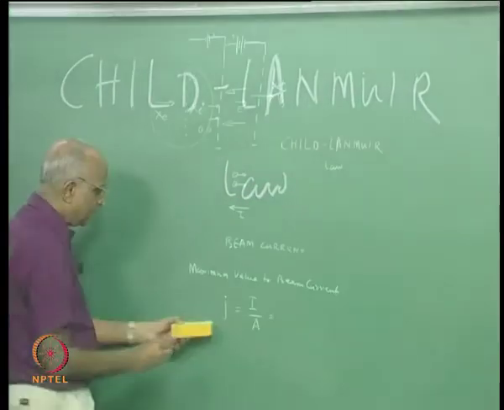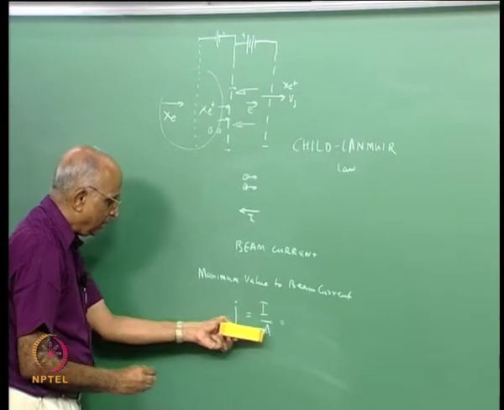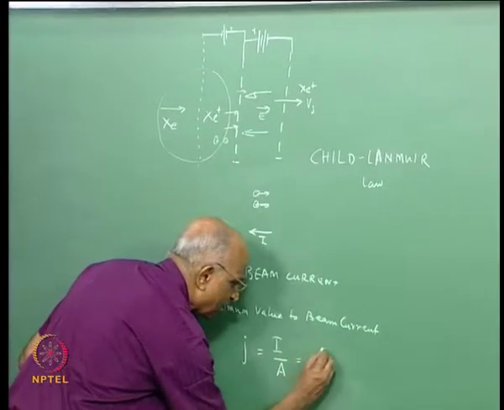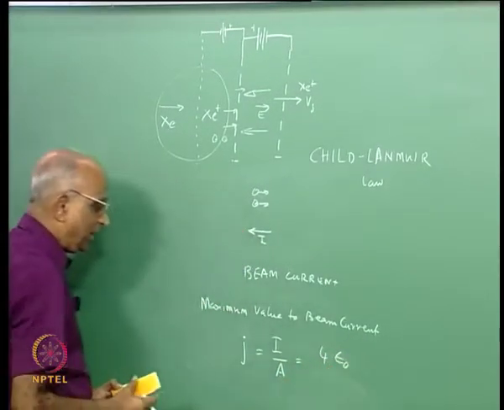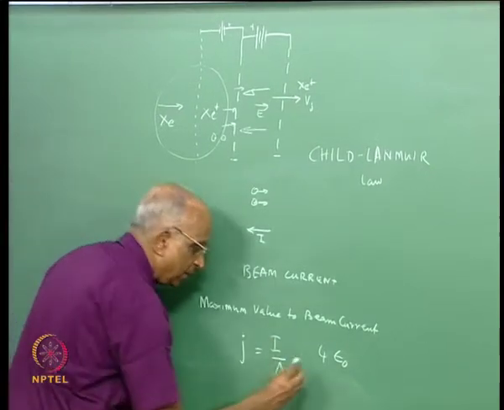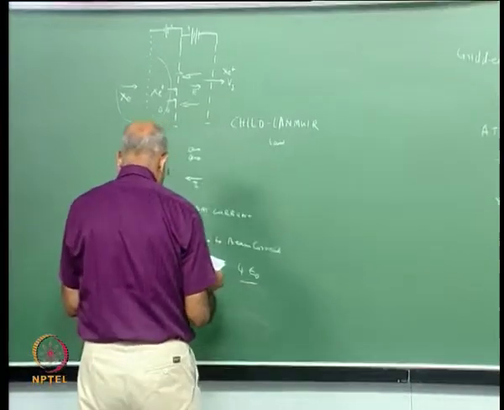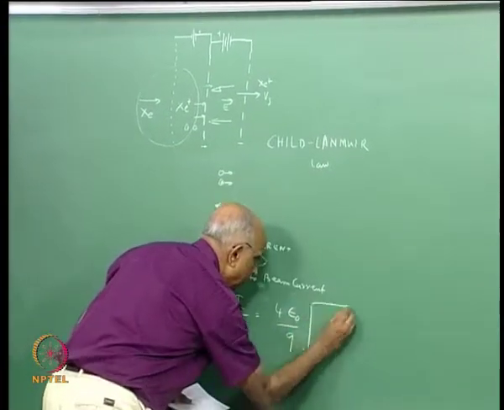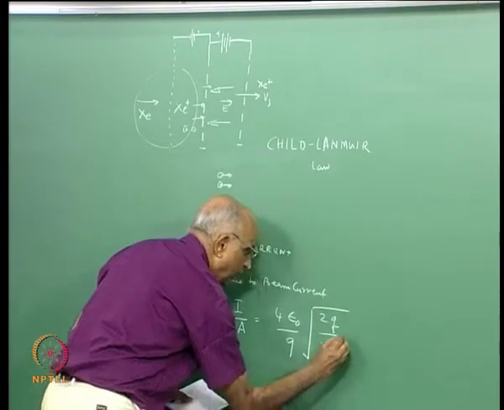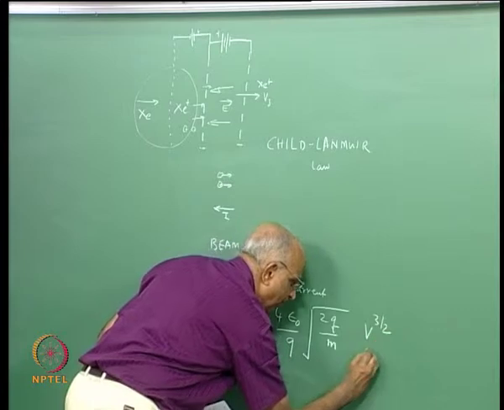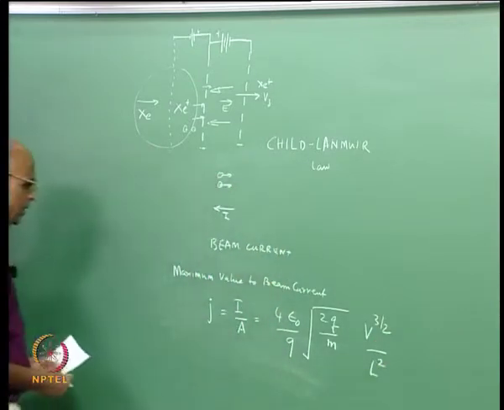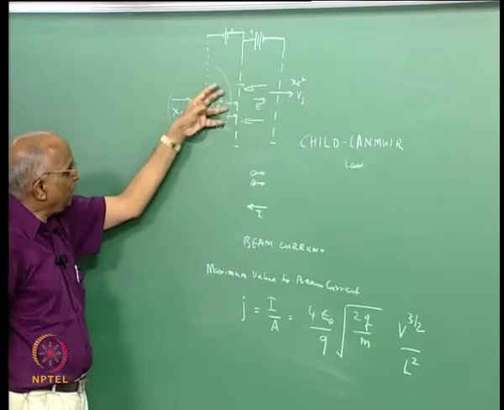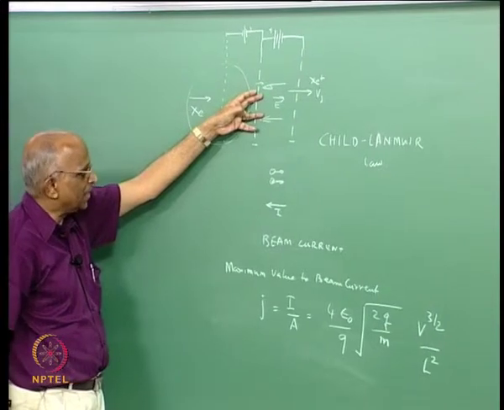The Child-Langmuir law says that the maximum value of current density is given by 4 times the permittivity of free space, epsilon 0, divided by 9, into the square root of 2q by m, into the voltage to the power 3 by 2 divided by L squared. In other words, there is a limiting value of beam current beyond which it is difficult to extract the ions over here and the thruster will fail.